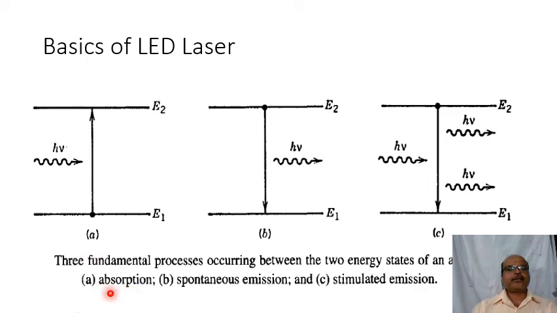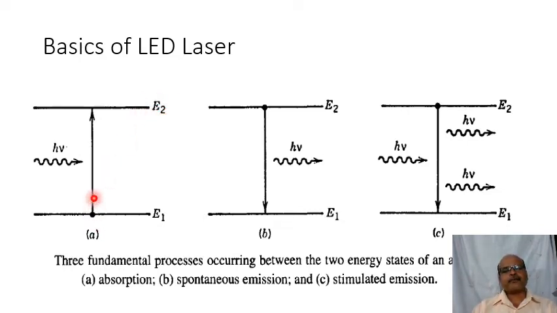So first, what is the absorption of light? The electrons are in the ground state level E1. It is also called the lower energy level or ground energy level. When a photon of light energy falls on these electrons, they go from the lower energy level to the higher energy level, called E2, also called the excitation energy level.